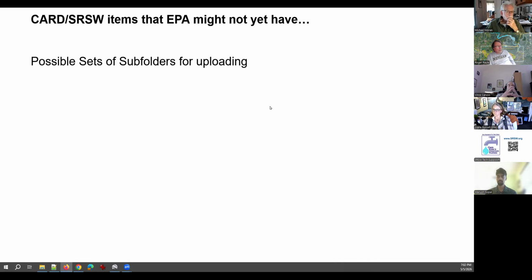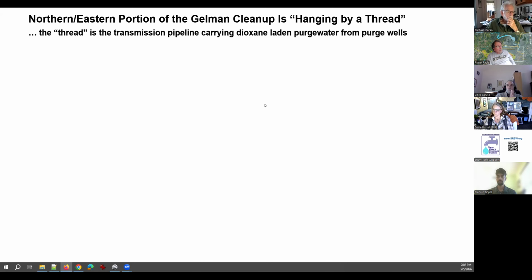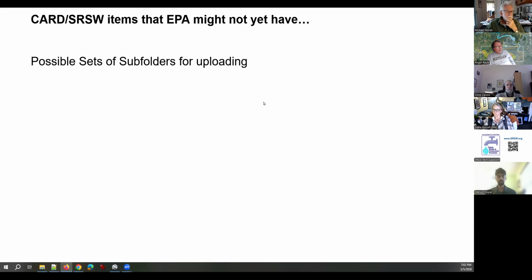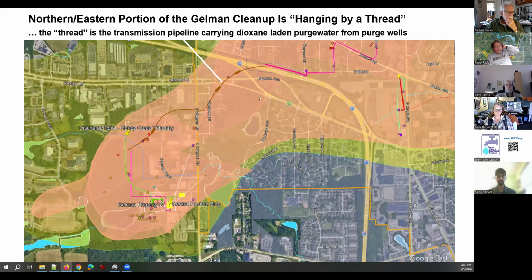And I guess with that, one other thing I want to mention is that the northern and eastern portion of the plume is basically hanging by a thread. Now, this isn't immediate, but it's something for people to keep in mind.